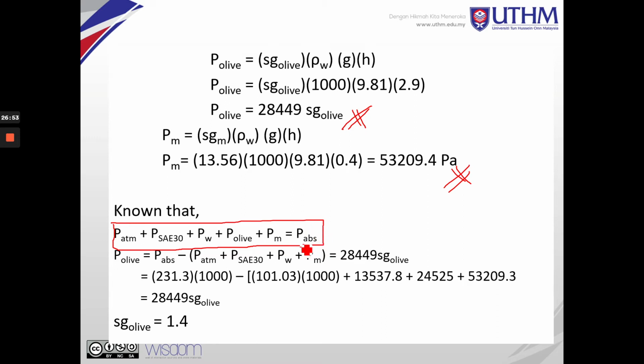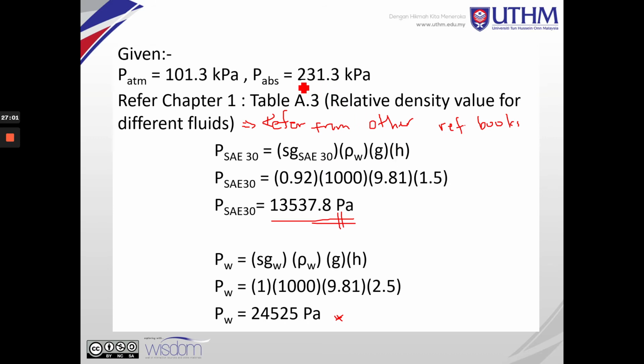We know that the P absolute is 231.3 kilopascal.